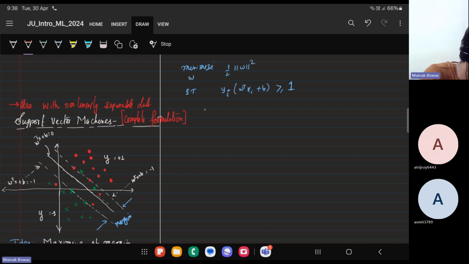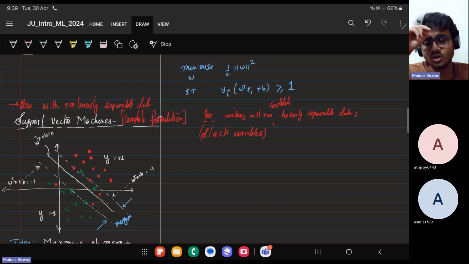So for working with non-completely linearly separable data, we introduce something called slack variables.